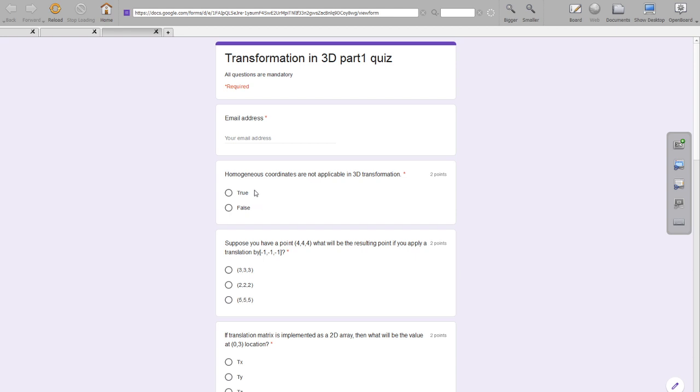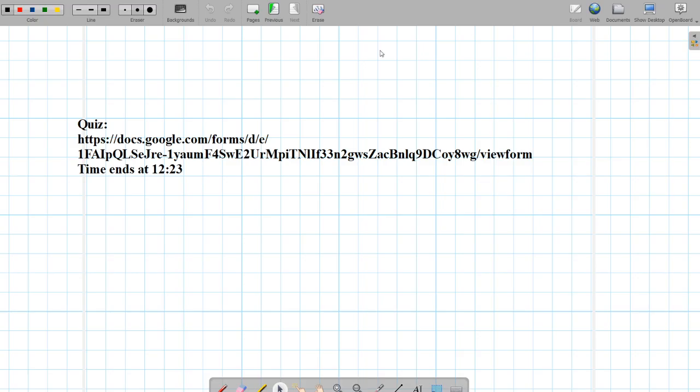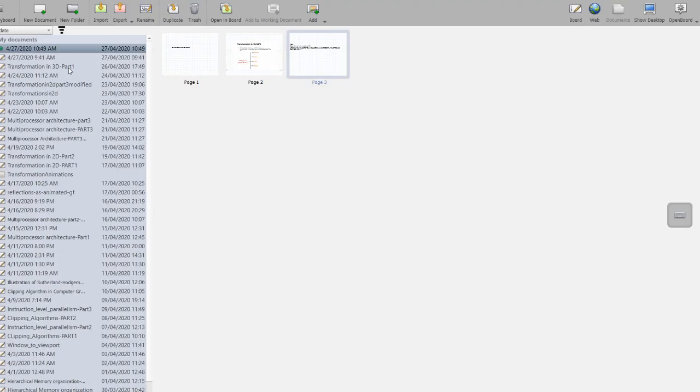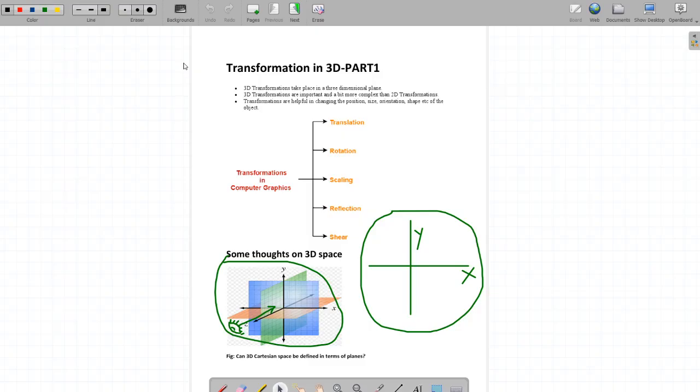So the first question is: homogeneous coordinates are not applicable in 3D transformation, true or false. Now look at the slides.